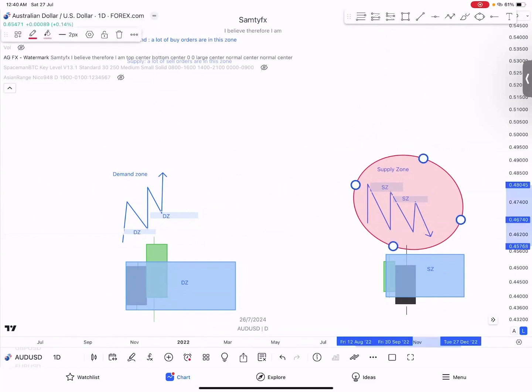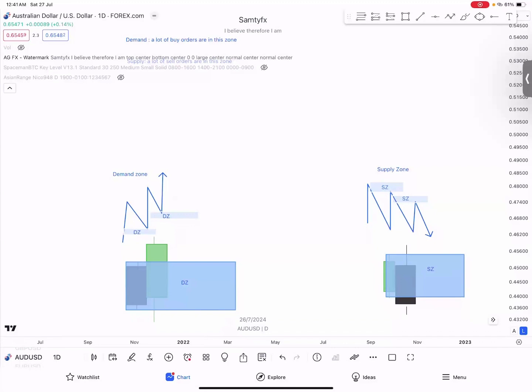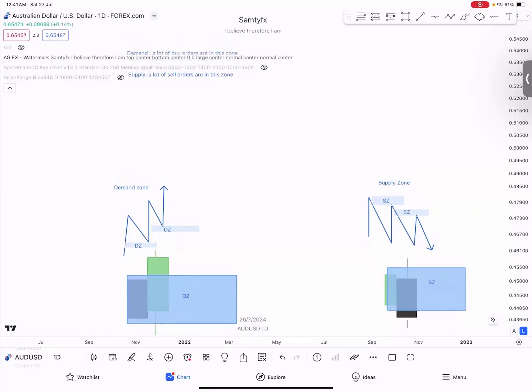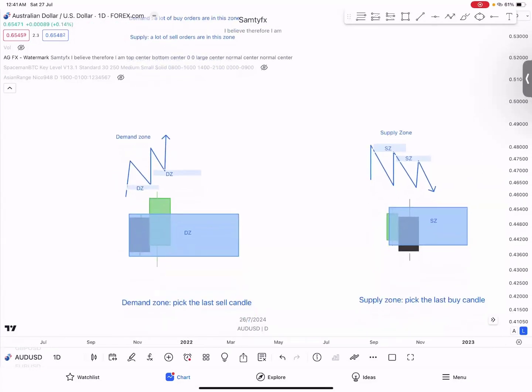The market is always going up and down, and if it gets to a particular place, sellers will overtake the buyers and they will sell. And sometimes in a downtrend, when the market is going down, at a point buyers are going to overcome the sellers, and the market is going to buy from that zone. I hope you are following me.